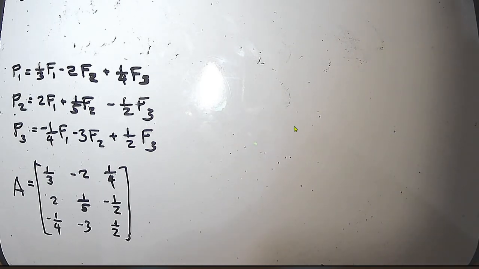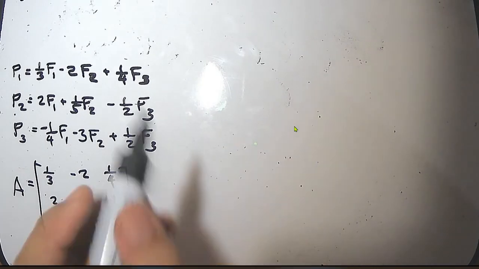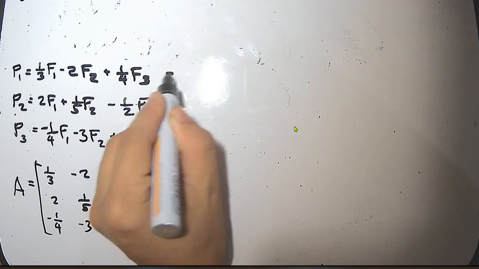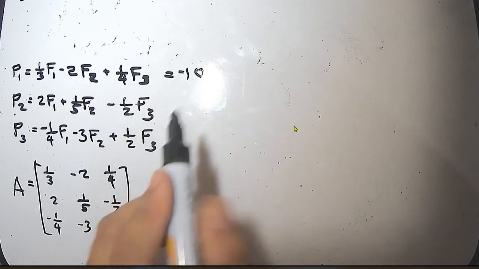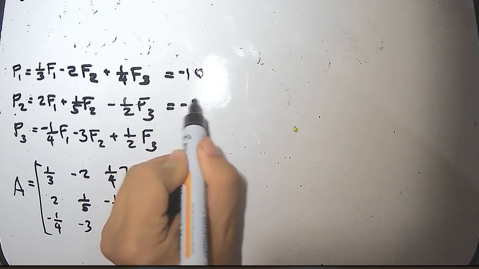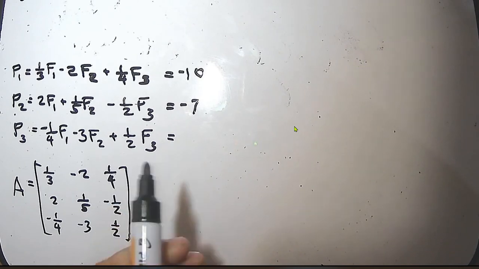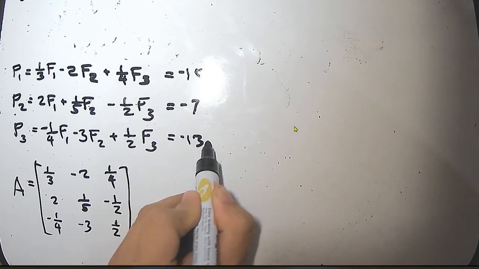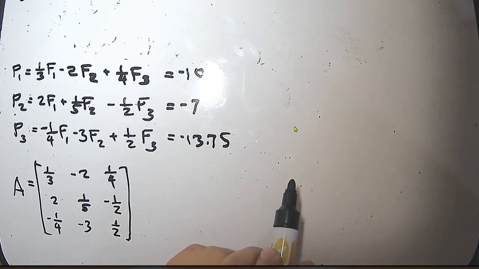And then we have our, let's say, yung loads, ano? P1, let's say, P1 is negative 10, and then P2, negative 7, and then P3 is negative 13.75.